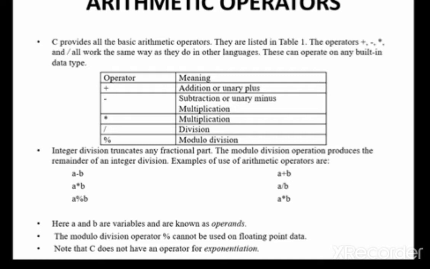Now what is the value of A modulus B? It produces the remainder, right? A is 15, B is 2. So the remainder is 1. So A modulus B is 1.